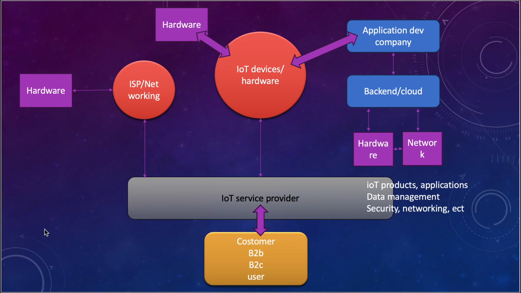So if you are to become an IoT product owner, now you know what are the components of the value chain that you should address. If you are going to start a startup, you have an application developer, you have an IoT engineer or electronic engineer, mechanical engineer.